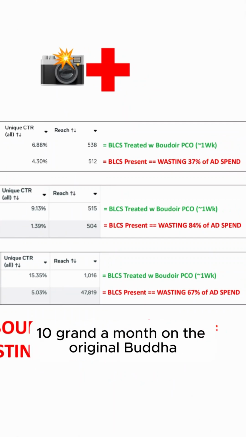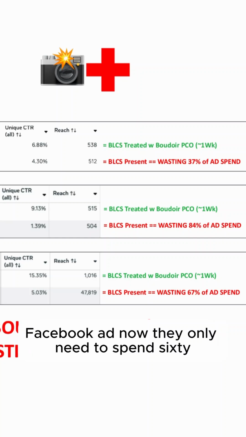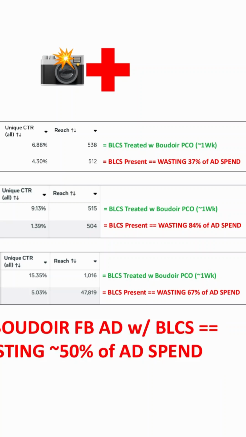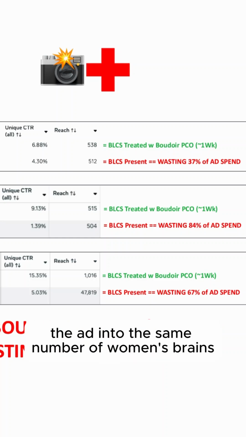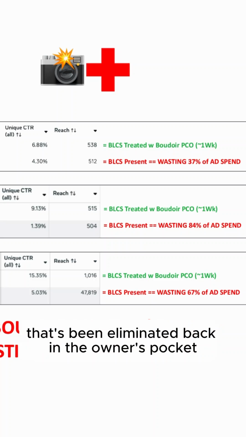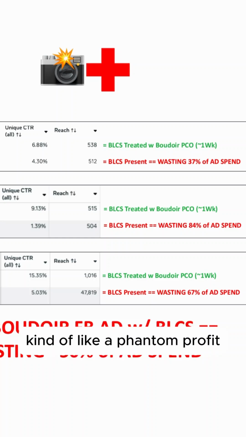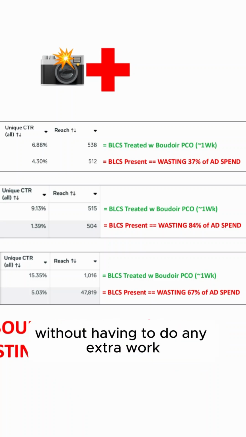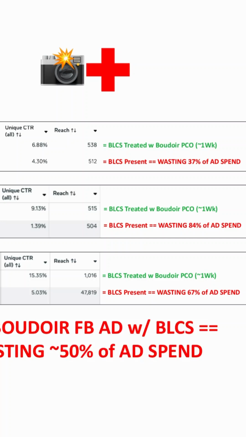So if they're spending 10 grand a month on the original Boudoir Facebook ad, now they only need to spend $6,300 a month on the Boudoir Pico treated ad in order to get the ad into the same number of women's brains in both scenarios. So $3,700 a month eliminated, wasted ad spend eliminated, back in the owner's pocket. They no longer have to spend it, kind of like a phantom profit. And that's like 40K over the next 12 months without having to do any extra work.